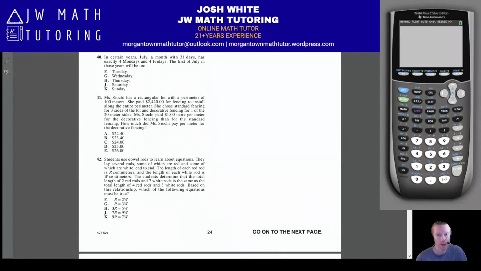The next problem, number 40 here, is one of the trickier questions on the test, but basically what you have to do is use brute force or trial and error, go through the answer choices and work it out and see which one actually makes sense. So if you start with the first possible answer choice, which is letter F, Tuesday, I'm going to put Monday, Tuesday, Wednesday, Thursday, Friday, Saturday, Sunday here.